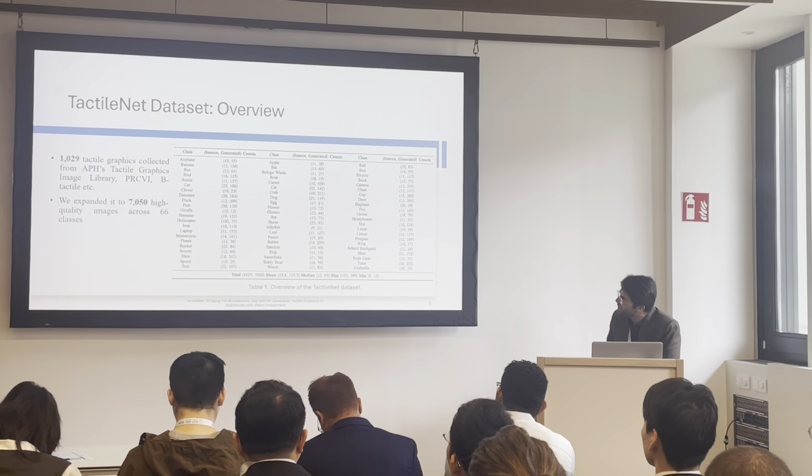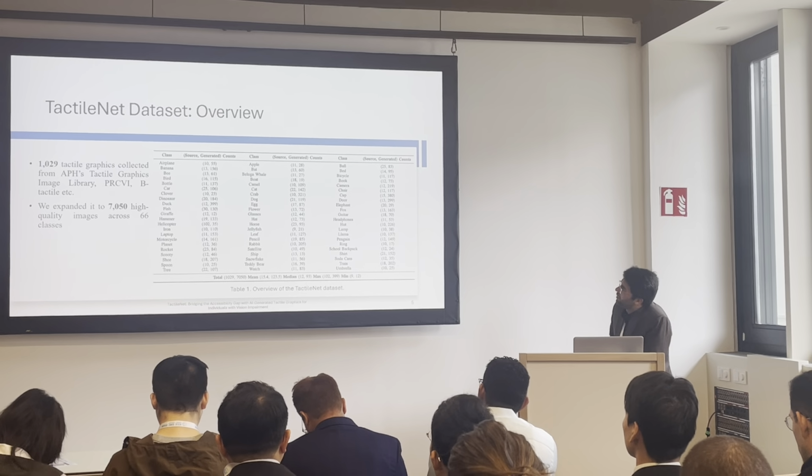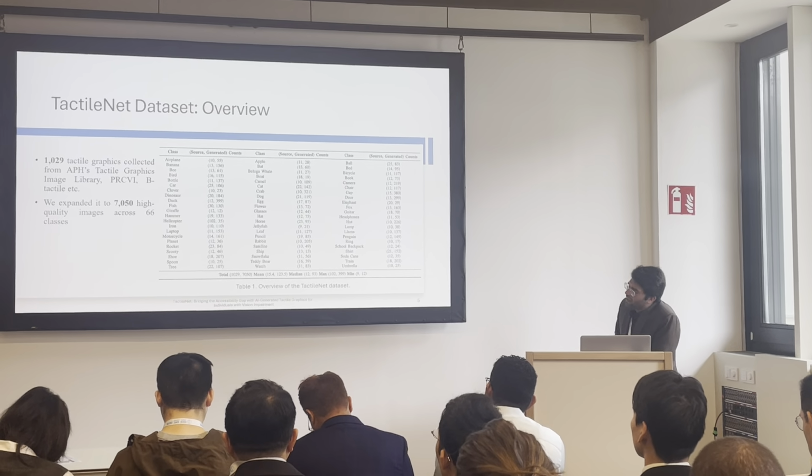So a brief overview of our data set. It includes, as I said, 1,029, more than 1,000 tactile graphics, which were initially collected from different libraries like the APH Tactile Graphics Library, PRCBI, BTactile, etc. Then it is expanded to more than 7,000 high quality images across 66 classes.